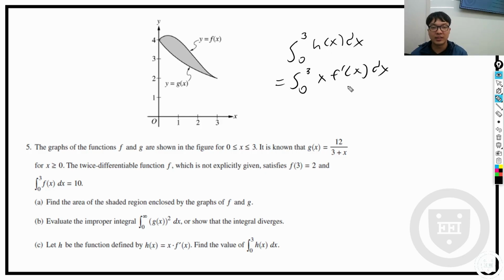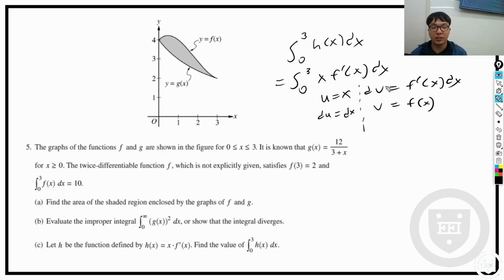Now, we can instead use integration by parts instead of solving this directly. If we let u equals x and dv equals f prime of x dx, then du is equal to 1 dx, which is just dx, and v is equal to f of x, because when you differentiate this, you get f prime of x with the dx afterwards.